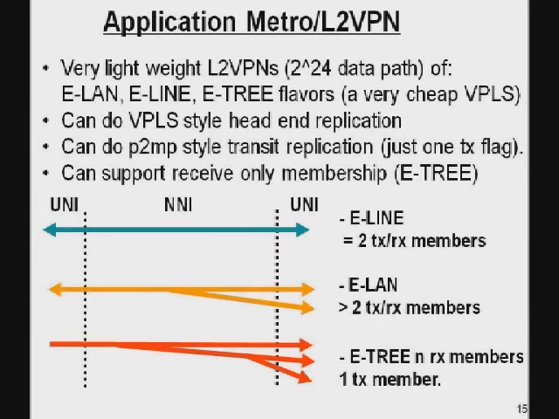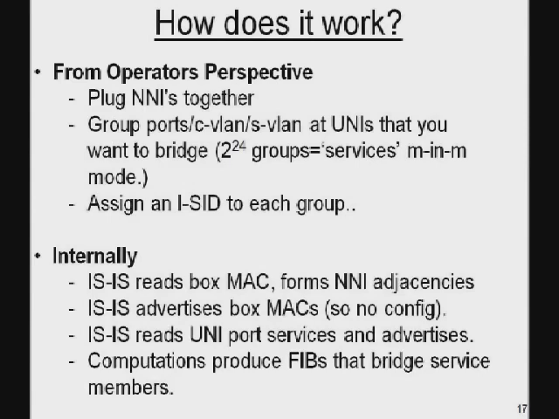You can do the VPLS style head-end replication by setting a flag one way at a membership in one of these services, or you can set it for multicast replication, in which case, transit replication, in which case it'll behave just like a point-to-multipoint, except without all of the signaling required. So again, the plug-and-play mechanisms will allow you to do this even within a larger scale, such as a metro.